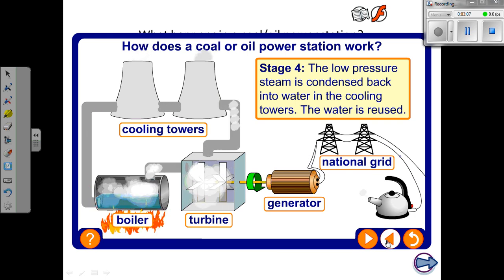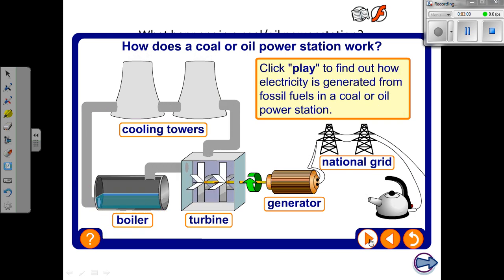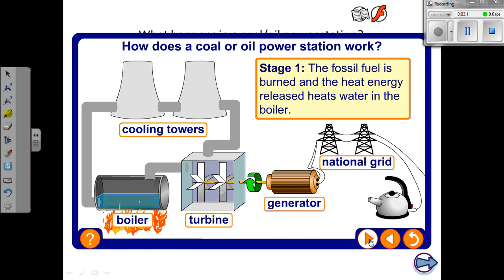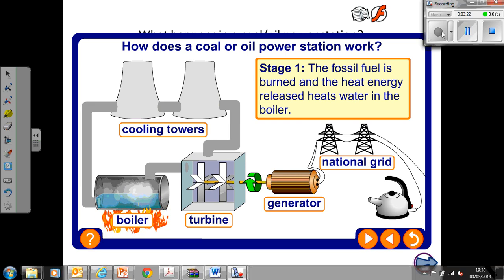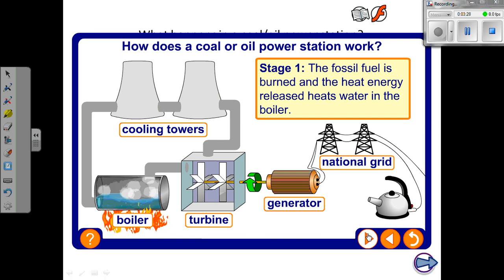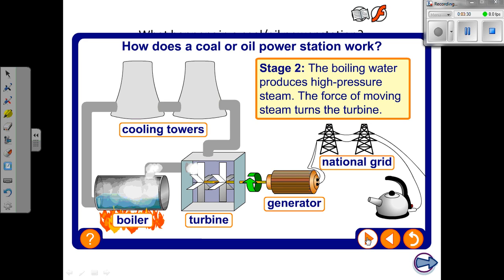So this is how it works. We start off with our fossil fuel being burnt, and heat energy releases heat. This is used to heat up the water in the boiler. Stage 2 then.